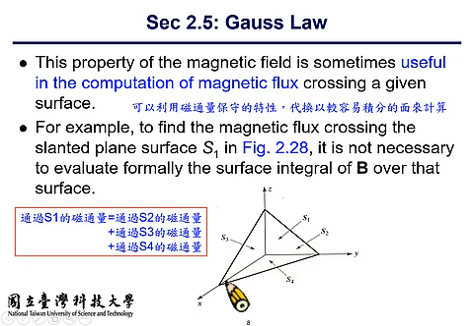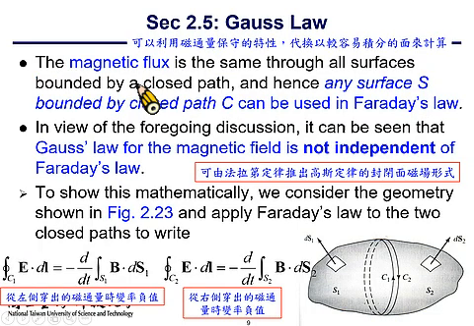So this is a useful property that you can use, because the magnetic flux for a closed surface is always 0, so you can replace the surface integral with regions or surfaces that are easier to calculate. And here is another example for the relationship of Gauss's law of the magnetic field with respect to Faraday's law.